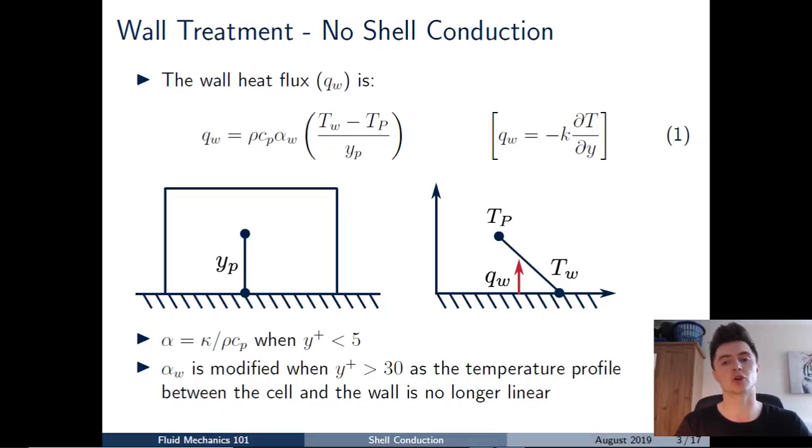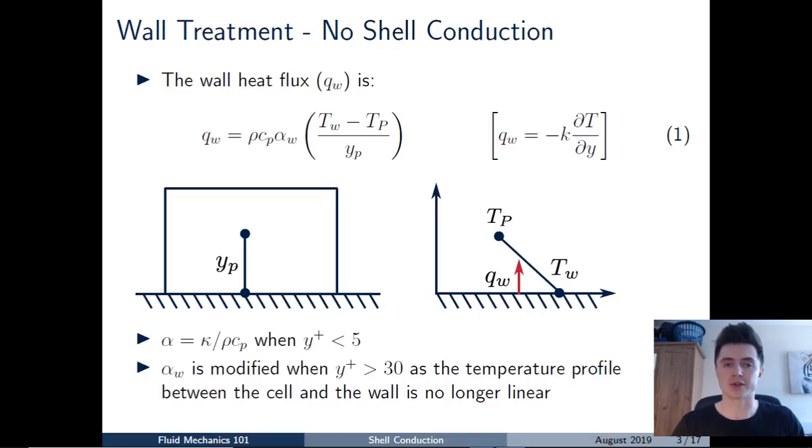Just as a quick reminder, in some of the previous videos I've been through how the temperature field and all other fields vary linearly across the cell in the finite volume method. What that means is the temperature gradient between the cell centroid, Tp, and the wall, Tw, is given by Tw minus Tp over Yp, where Yp is the distance to the wall.